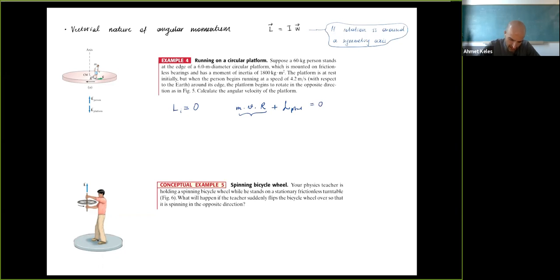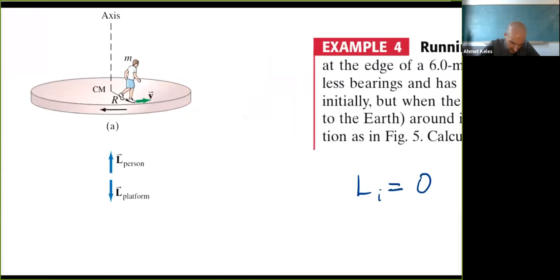And the key is we can actually calculate the direction of this person's angular momentum from the right-hand rule. So if this guy is walking like this, imagine you are wrapping your fingers around this direction. If you stick out your thumb, it's going to be pointing this direction. So the angular momentum of the person is here.